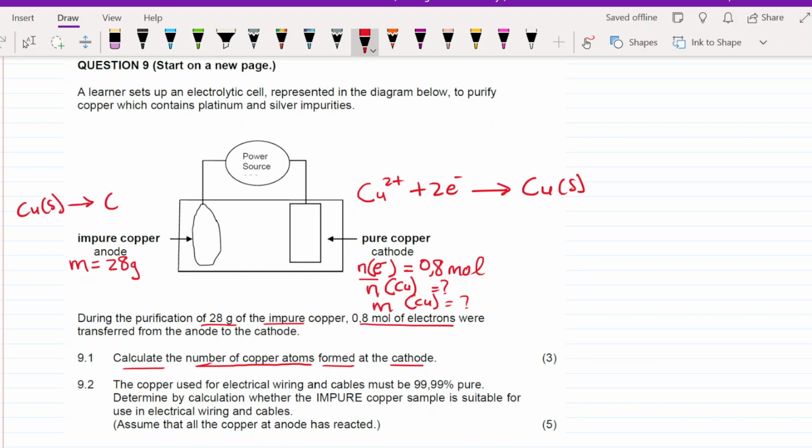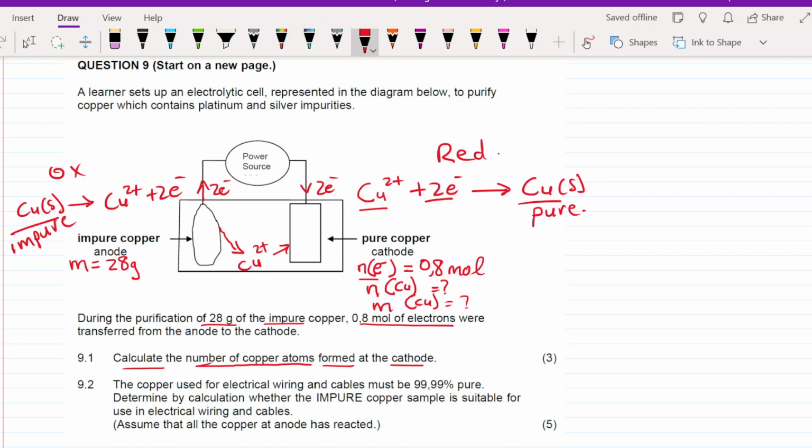There is oxidation on this side, and there is a reduction on the cathode. That means this impure copper will release copper ions into the solution, and they will be attracted to the cathode, and electrons will be oxidized that way. Then the copper ions from the solution will be reduced on this side, and with the electrons will form the pure copper. This is the impure copper.